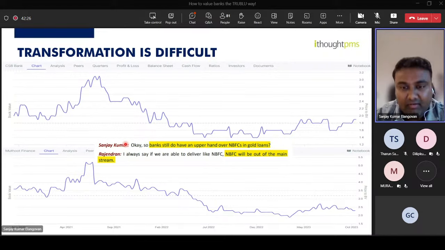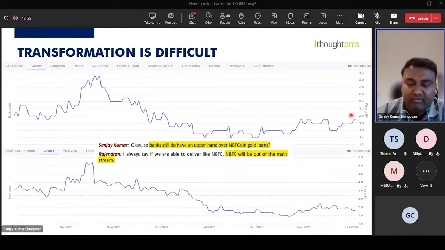So the audio might still have that wording where he says NBFCs will become history. And that kind of marked the top for CSB Bank and Muthoot Finance. CSB fell from, say, I think 300, 350 rupees to 200 rupees. Even Muthoot fell. It took CSB Bank 2 years to go back to where it was, but the multiple has derated from 3 times price to book to close to 2 times price to book today.